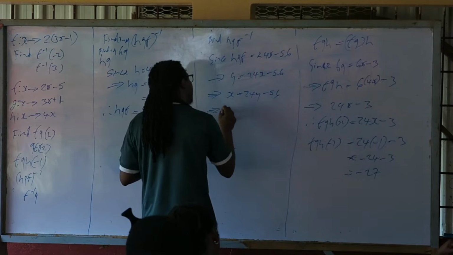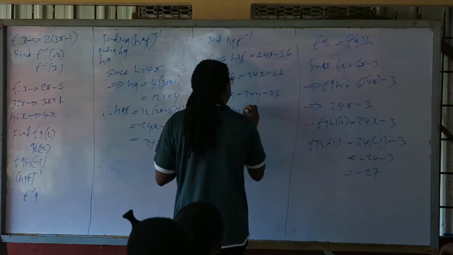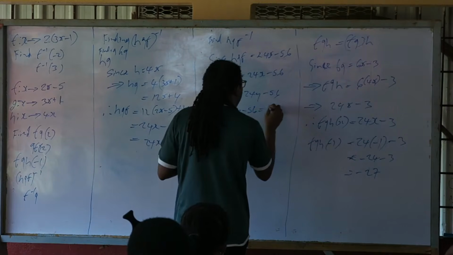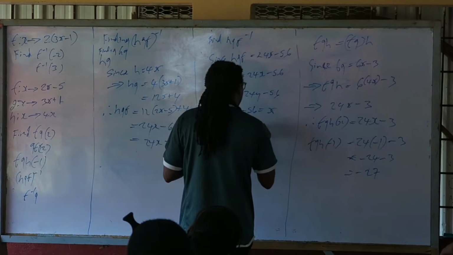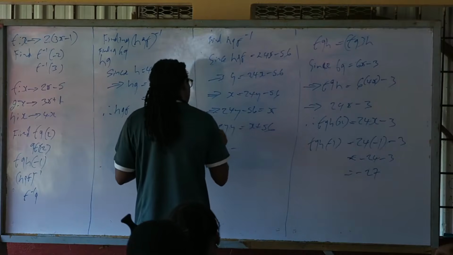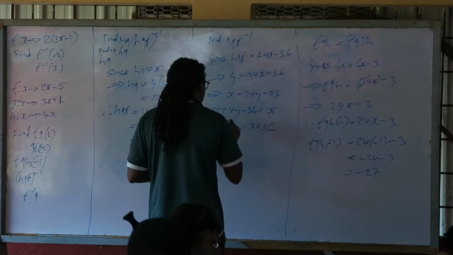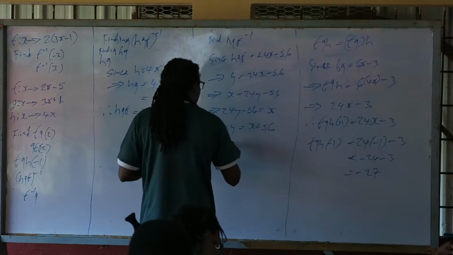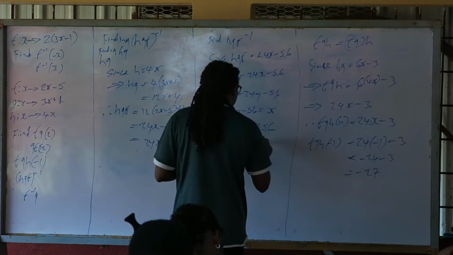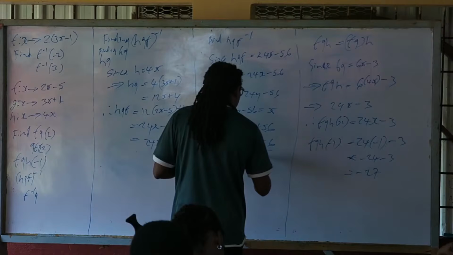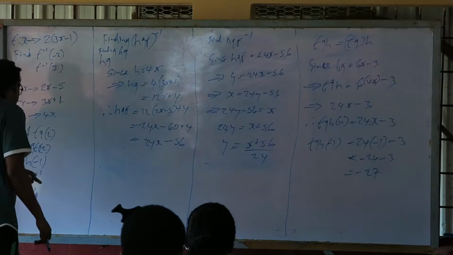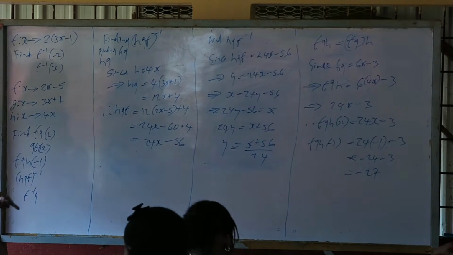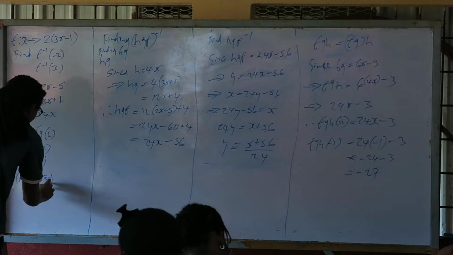This implies that 24y minus 56 equal x. 24y equal x plus 56. y equal x plus 56 over 24. Okay, that's it. They never give me no number. If they give me a number and say 5, I will then have to put 5 in it.